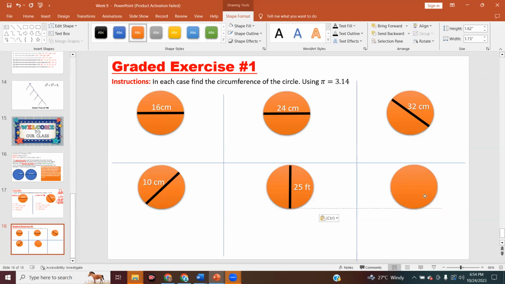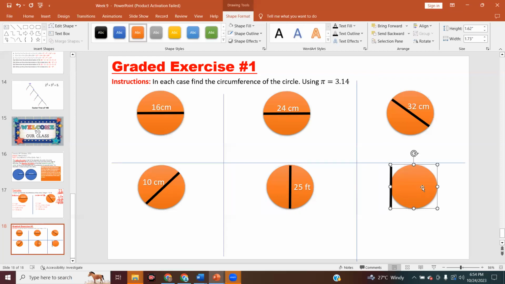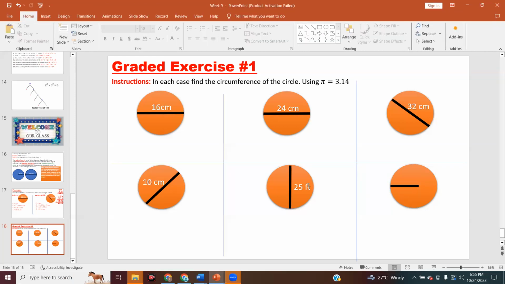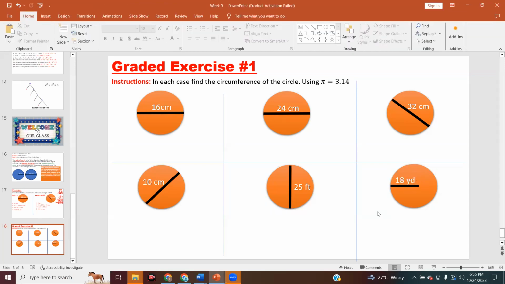And then for the last one, so we have 18 yards. All right, good stuff.